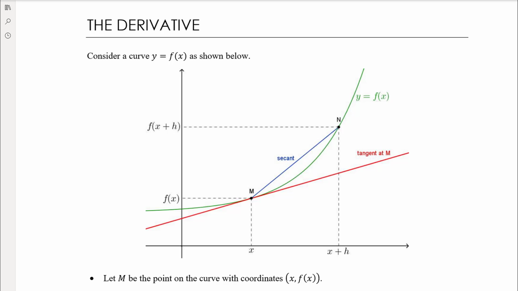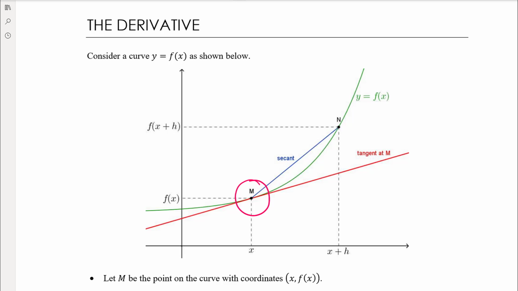So we want to be able to think about this idea of gradient of a curve. I've got this diagram here, and in a minute I'm going to flick across to a more interactive version of this diagram that we can talk further about. What we want to start by focusing on is what we're ultimately trying to do, which is find the gradient of the green curve at the point M. Okay, so the key idea about gradient is that the gradient of a curve at a point is equal to the gradient of the tangent to the curve at that point.